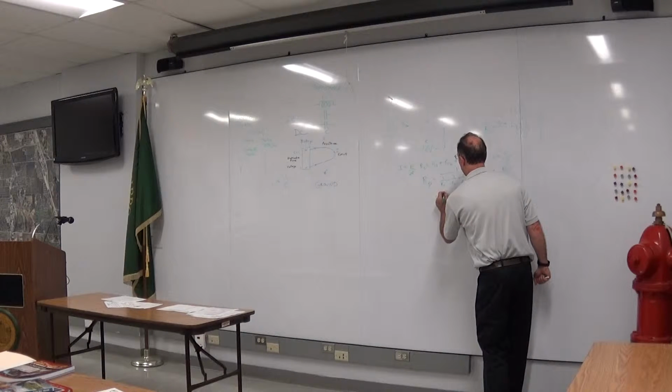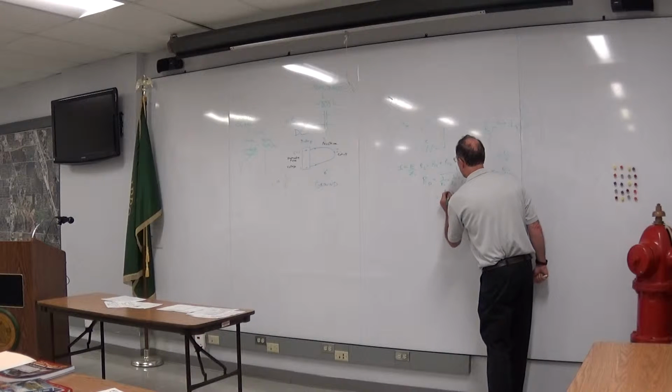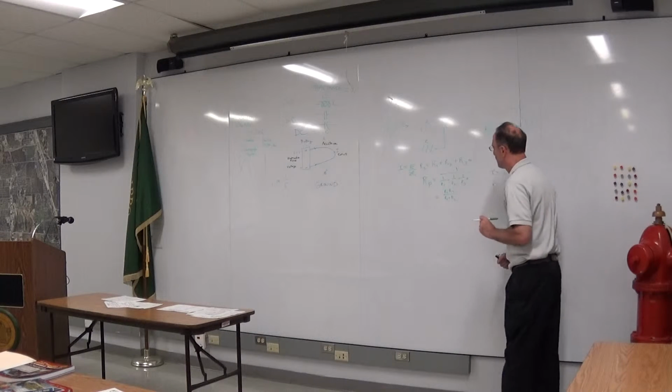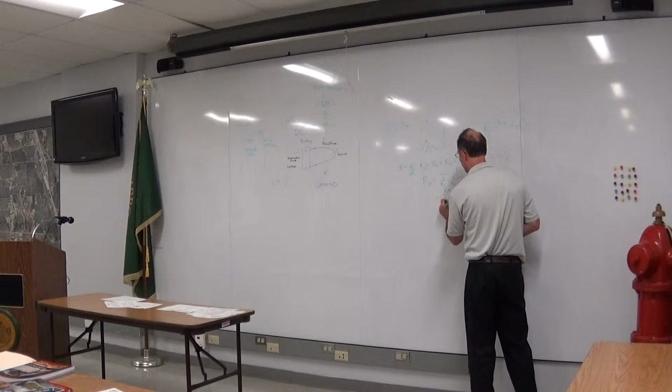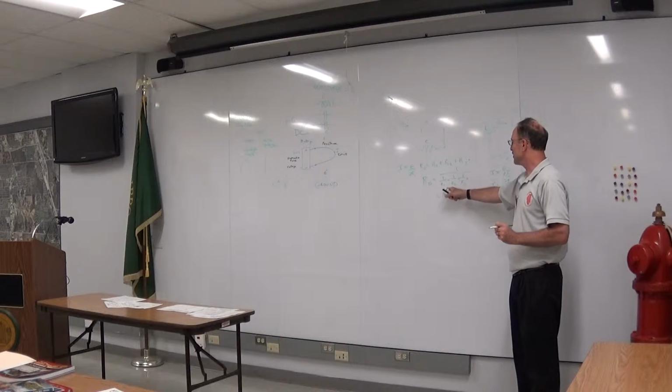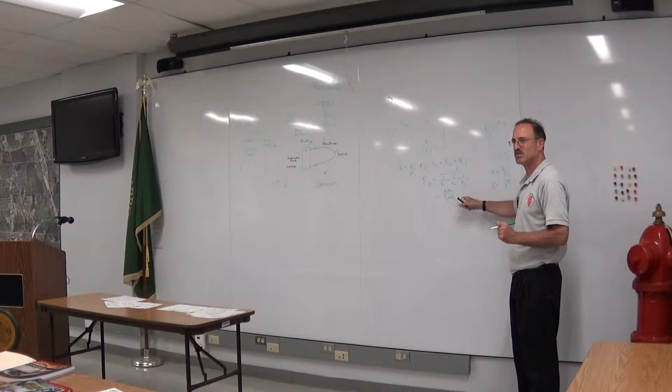It's R1 plus, let's see, I haven't done this in a while, let's see if I get this right. R1 times R2 over R1 plus R2. I may have that upside down. Yeah, it's upside down. The plus is there. And times. So for two resistors, it's the sum of the resistors over the product of the resistors.